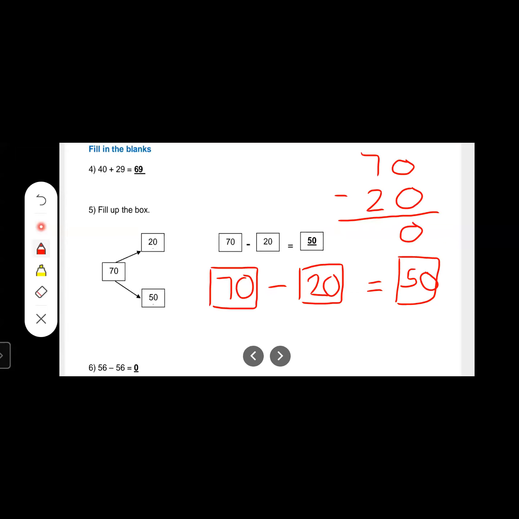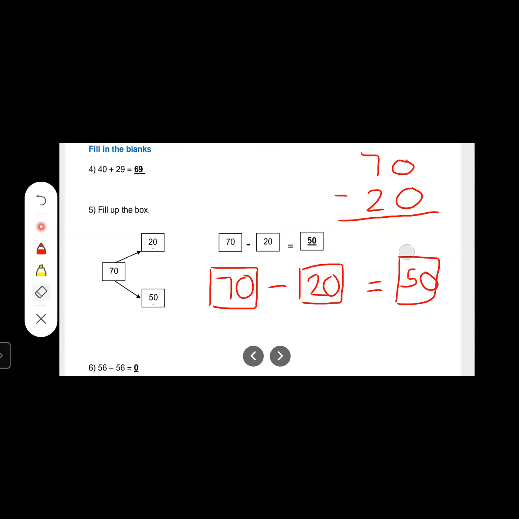Correct? And 7 minus 2 is equals to, how to do this? Take out two fingers, count before 7. Before 7 you will count. This is subtraction, no? That's why. Then before 7, which number comes? 6, 5. What is the answer? 50. Correct? This answer is correct then.